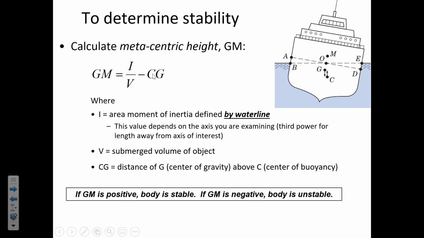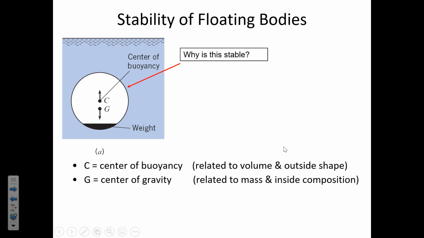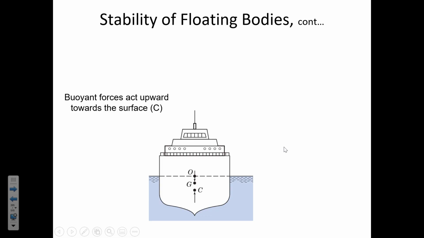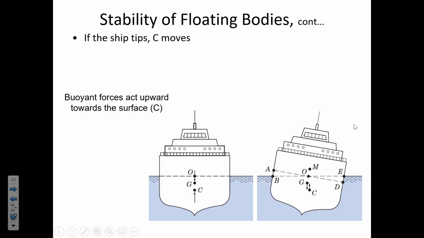The other term here is CG, the distance CG, and that's how far above the center of buoyancy the center of gravity is, because there's a limit. Remember what we talked about: if we kept loading stuff higher and higher on this boat, like really heavy stuff up high, it's going to tip over more.